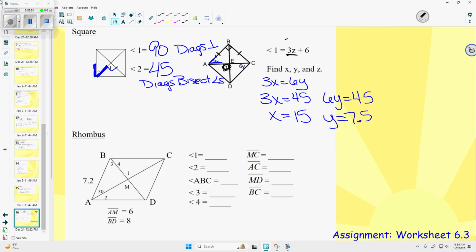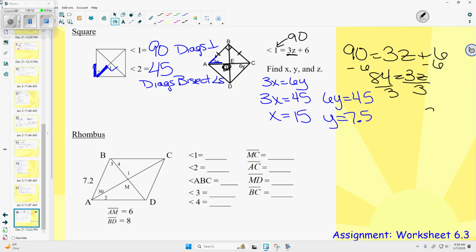So I know angle 1 is 90, which means I can just plug that in. 90 equals 3z plus 6. What do we do to solve? Minus 6. 84 is 3z. And what is z? 28. Good. Thank you.